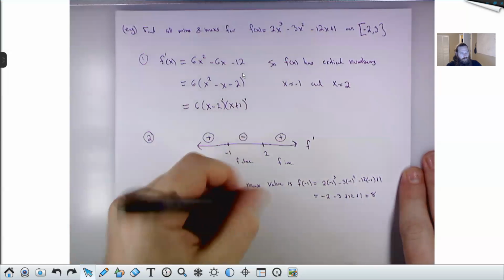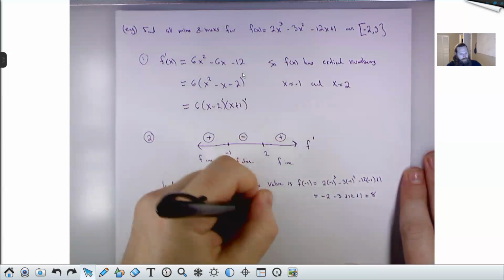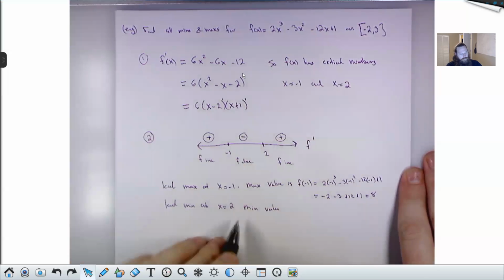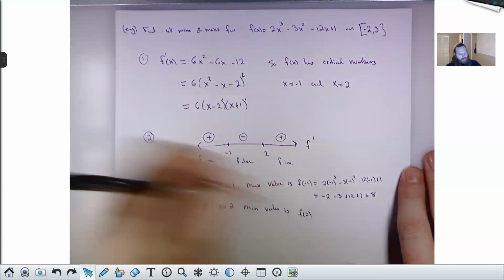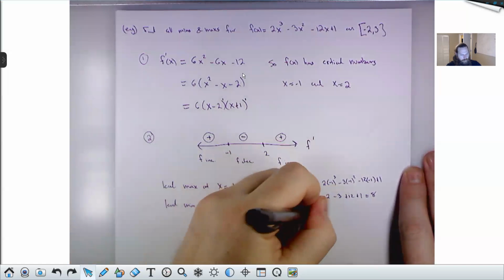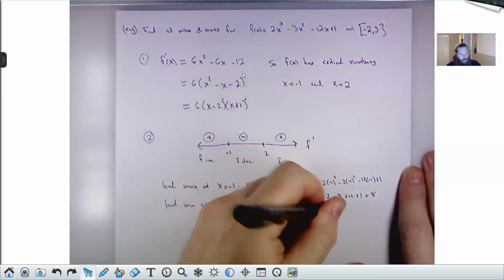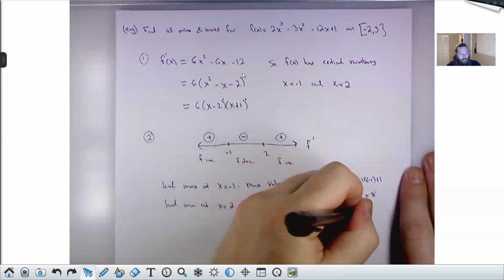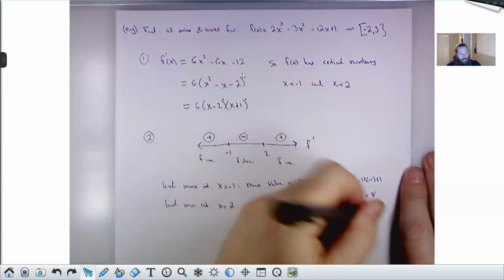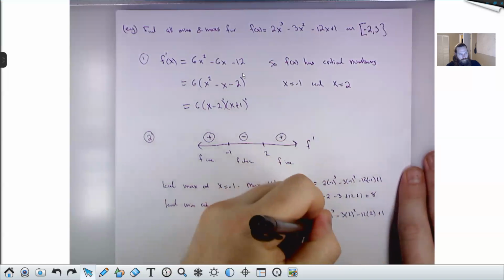The min value at x equals 2 is f of 2. And this is going to be a little harder to compute. That's 2 times 2 cubed minus 3 times 2 squared minus 12 times 2 plus 1.